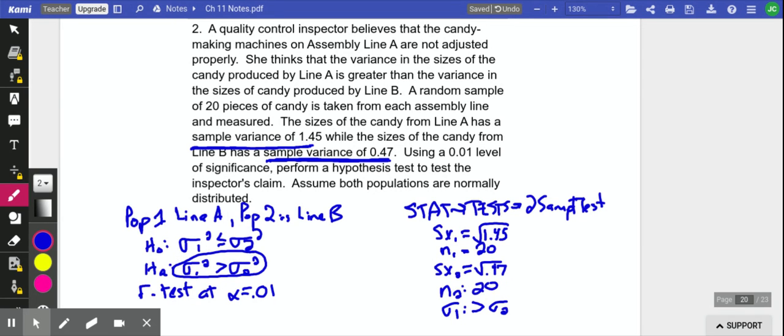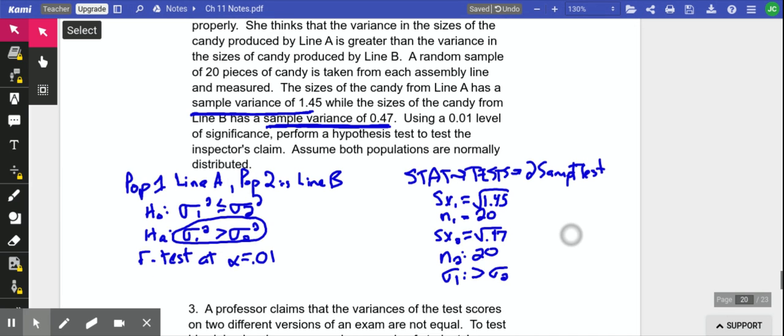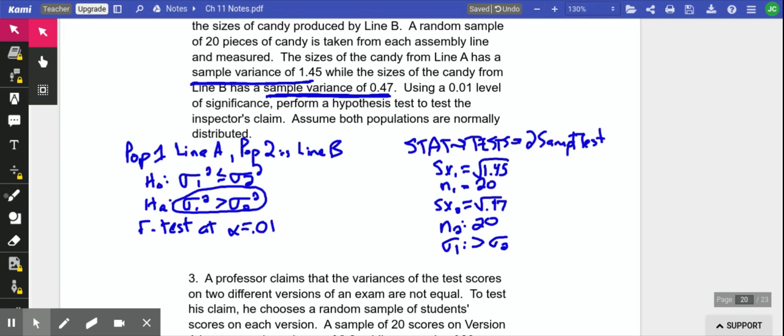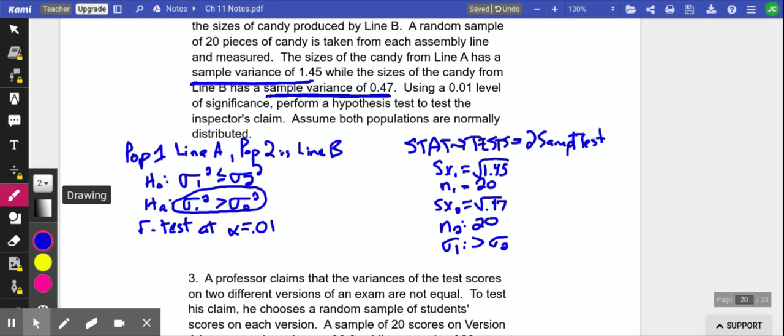Go ahead and hit calculate, and the calculator will tell you something delightful like a p-value so that we can decide what to do with this. So let's see. My calculator says p equals 0.0090. So we compare that to our alpha. P is less than alpha, so we are going to decide to reject the null hypothesis.